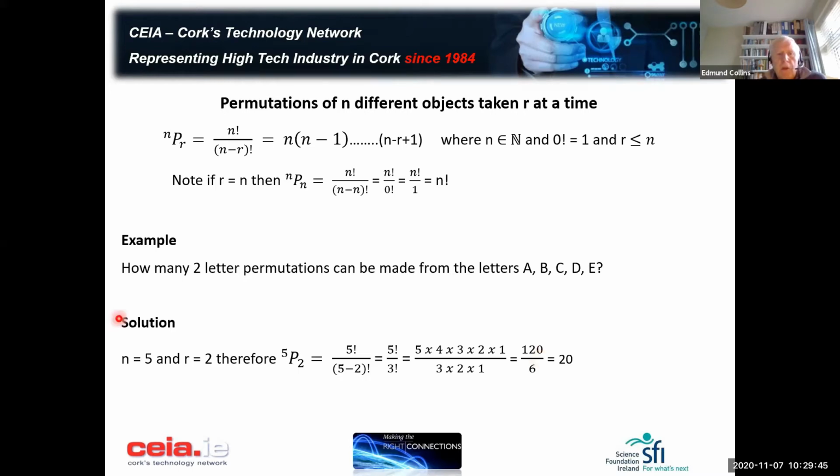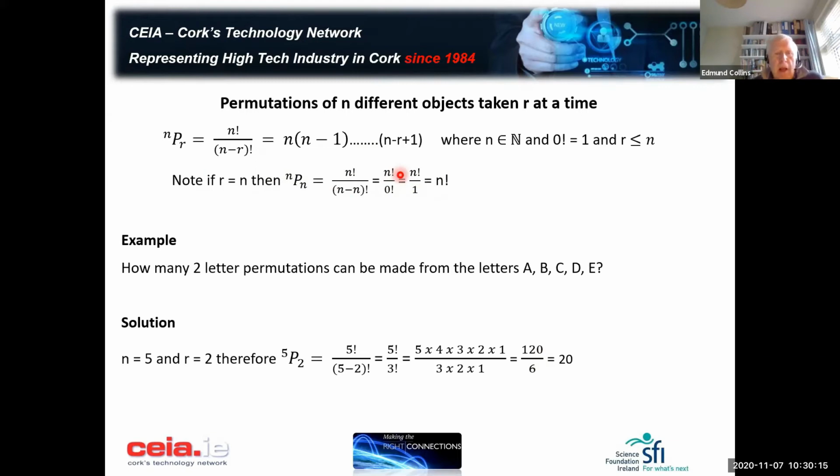If r equals n, then you get this situation, nPn. So it's factorial n divided by factorial n minus n, which is factorial n divided by factorial 0. And as we know, factorial 0 is 1, which equals n factorial. So that's what we've seen in the previous slide.